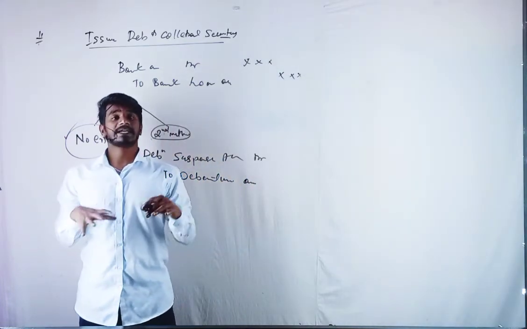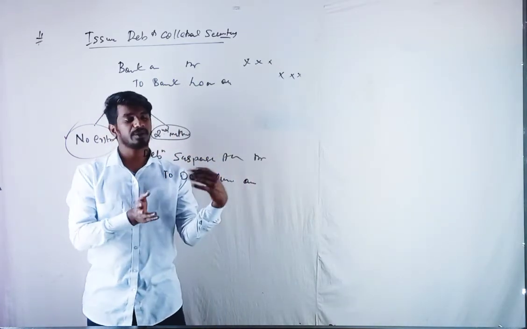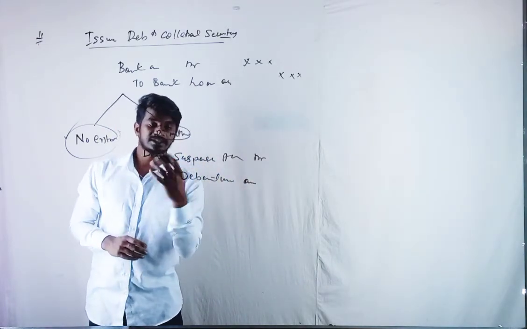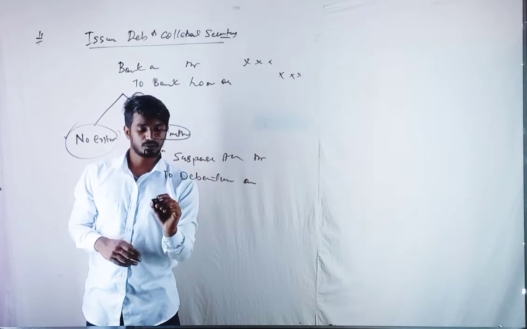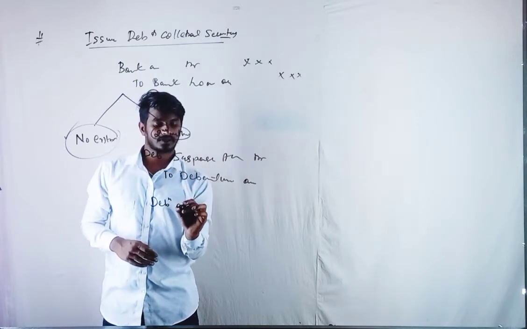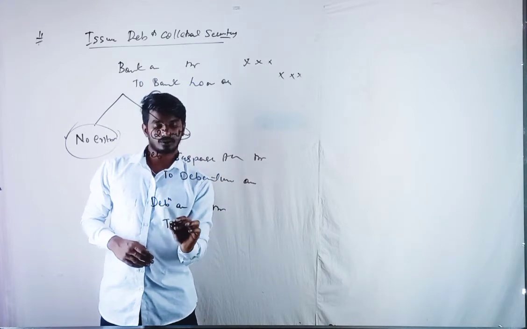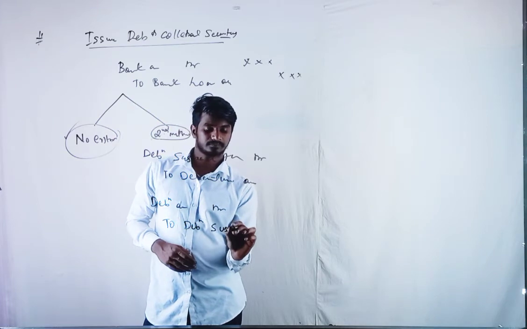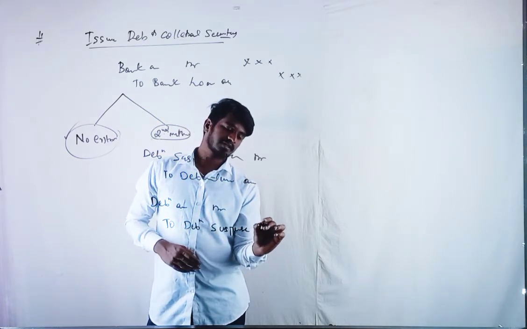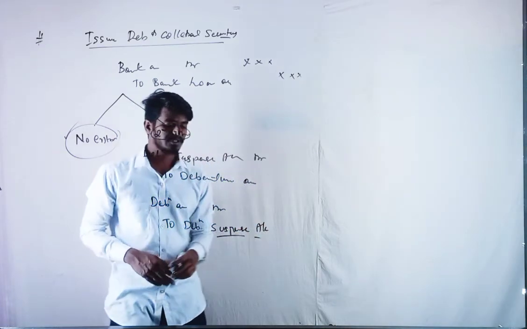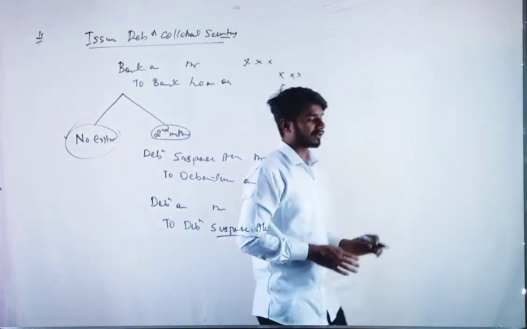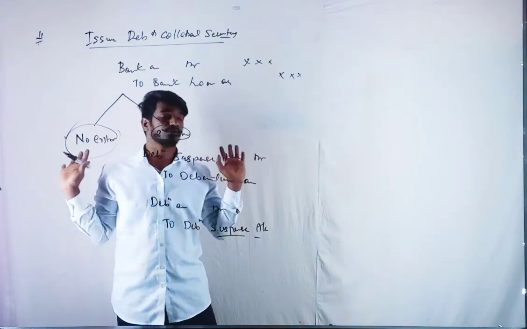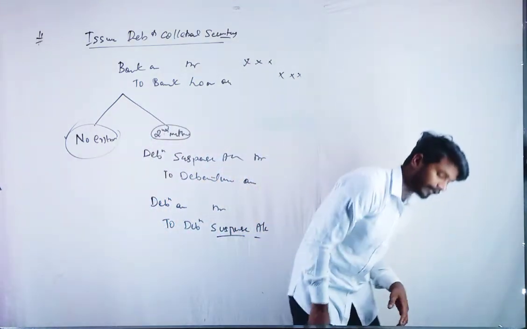And when we pay the entire loan to the bank or whomever we have taken from, we will just reverse the entry: debenture account debit to debenture suspense account. Suspense means it is nothing. For no reason we are making an entry. Why we are making it, we also don't know. That is the suspense entry.